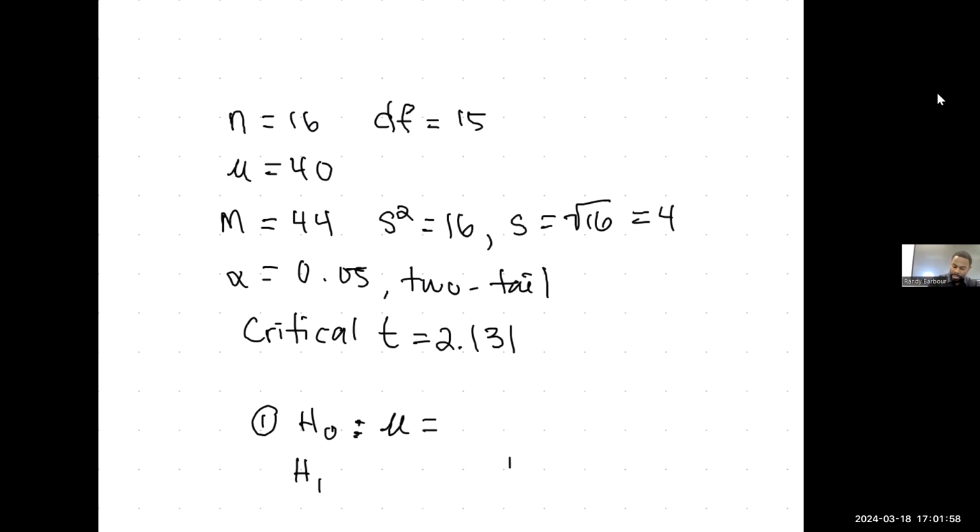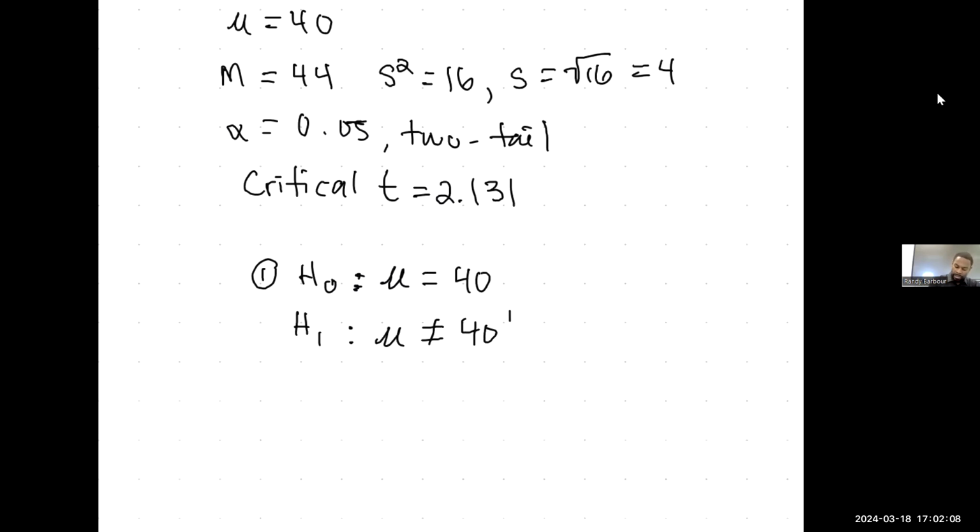My alternative hypothesis should look like this, mu does not equal 40, because again, we're saying that there is a difference between the sample and the population, all right? Okay, I'm calculating my critical T, right? I already got it here, I'm just rewriting it here. 2.131, right? Two-tailed test, that's my criteria.